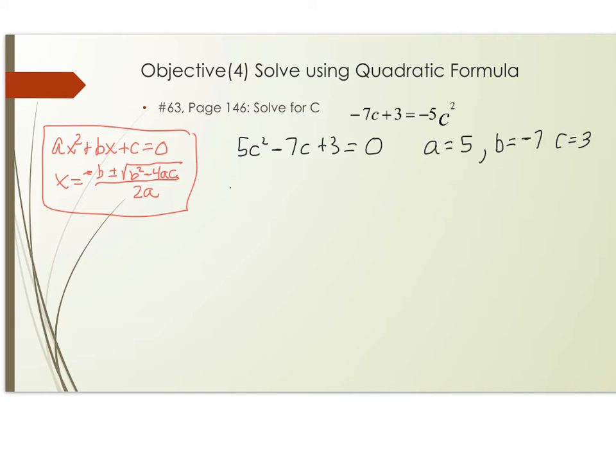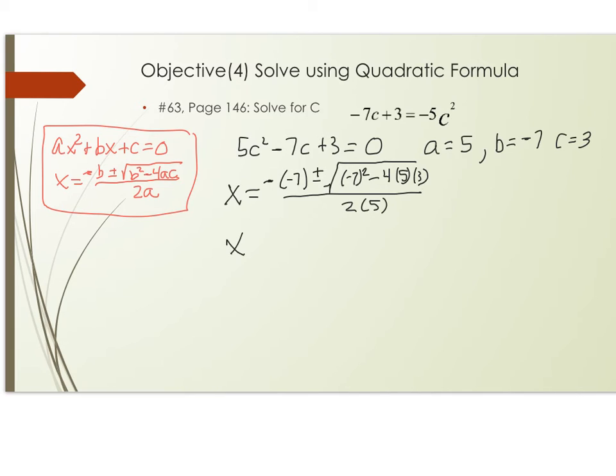And so now we have x, we'll put it in the formula, negative negative 7 plus or minus the square root of negative 7 squared minus 4 times a, which in this case is 5, times 3, all over 2 times 5.